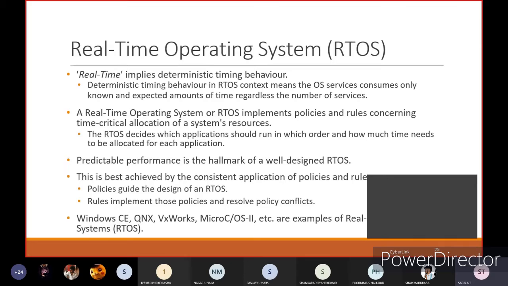Whenever we are operating with real-time operating systems, which imply policies and rules, you always have to follow the rules and policies concerning time-critical allocation. A task that has a high level of priority and needs to be executed within a very short time, within microseconds or nanoseconds, should be allotted as the highest priority program or highest priority task.